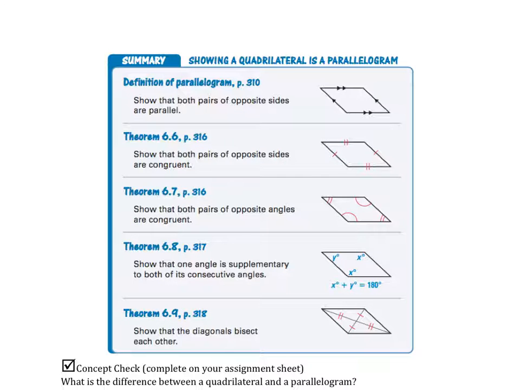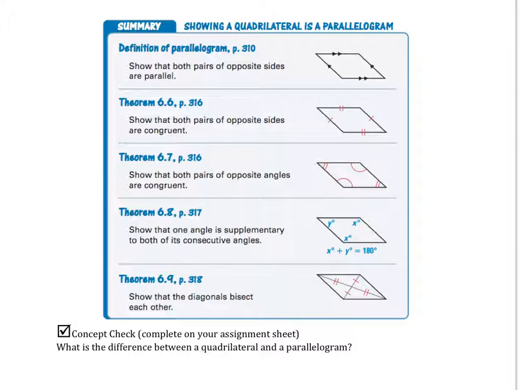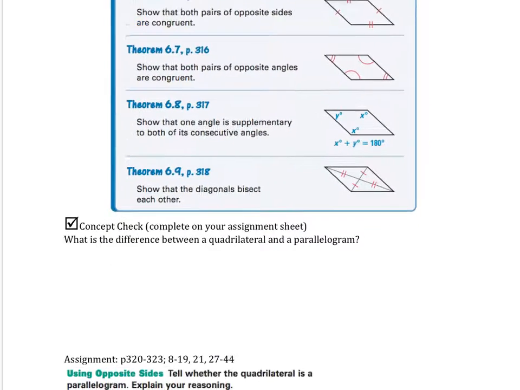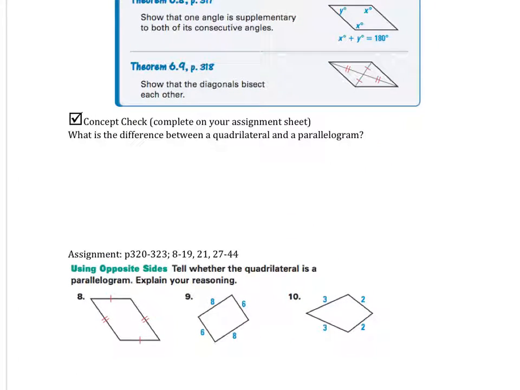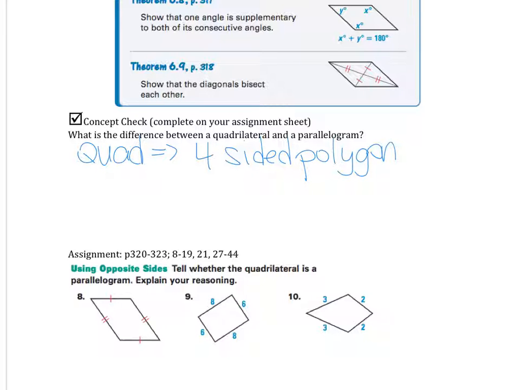There's a summary of what we need to have in order to show a quadrilateral as a parallelogram. And what is the difference? Well, a quad is just a four-sided polygon, whereas a parallelogram is a quadrilateral.